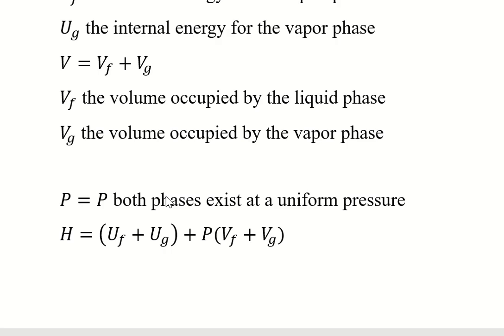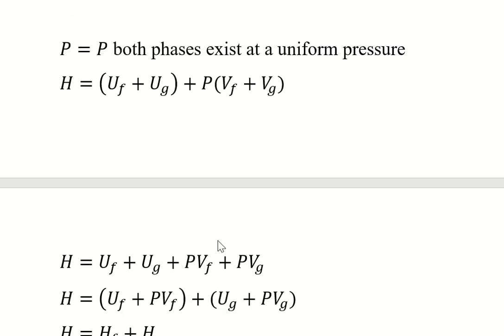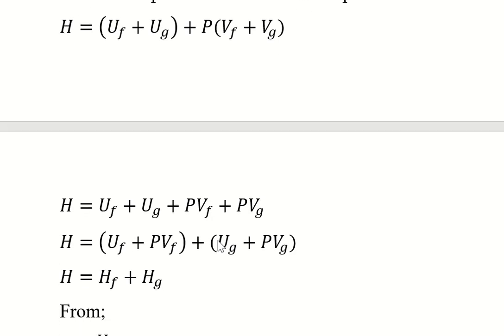So once you do the substitution, you'll find that enthalpy is equal to the total internal energy of the liquid phase plus the total internal energy of the vapor phase, plus the pressure terms.